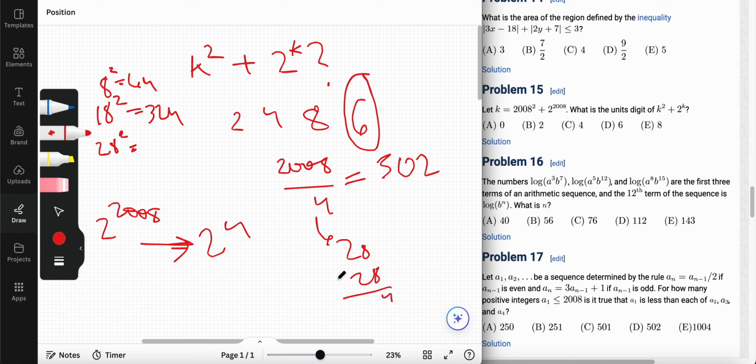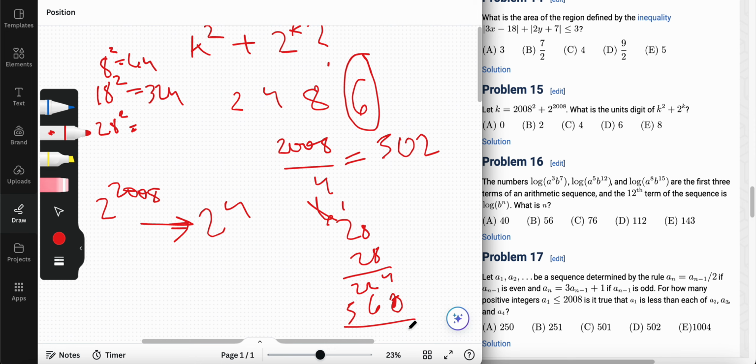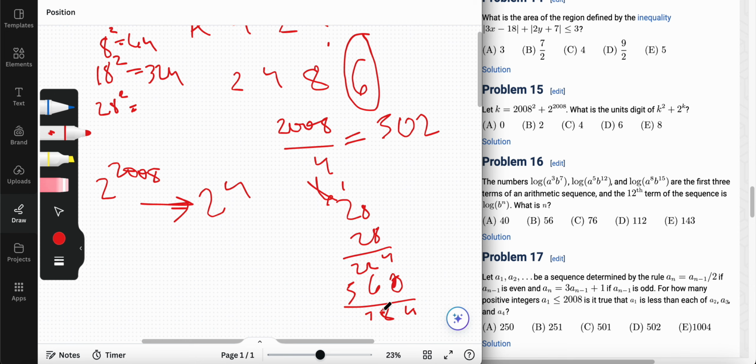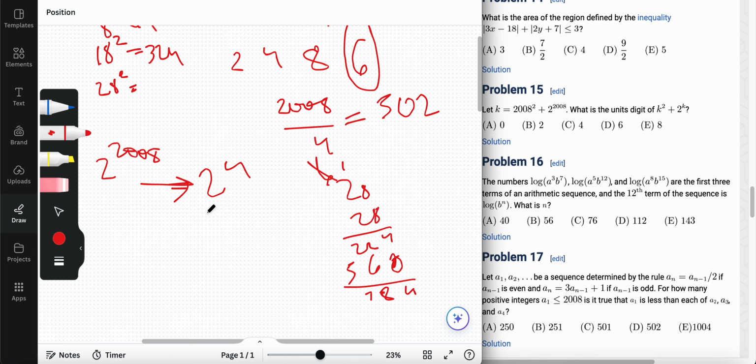4, 6. 16 plus 6 is 22. 0, 6, 1, 5. That should be 4, 8, 7, right? Or did I do something wrong? Wait, let's do that again. I think I messed up.